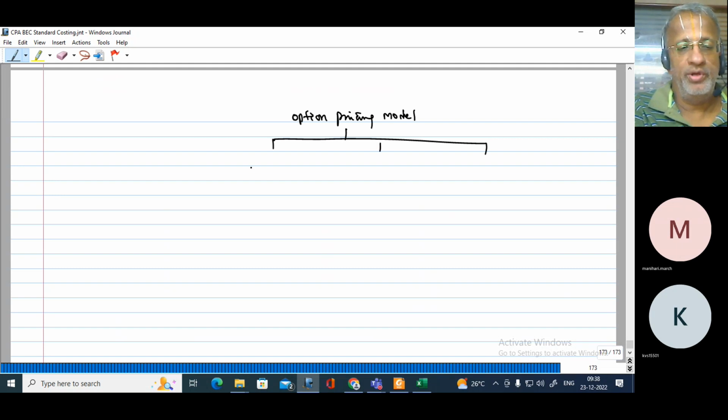There are three models that you have: the basic model, the binomial model, and the Black-Scholes model.